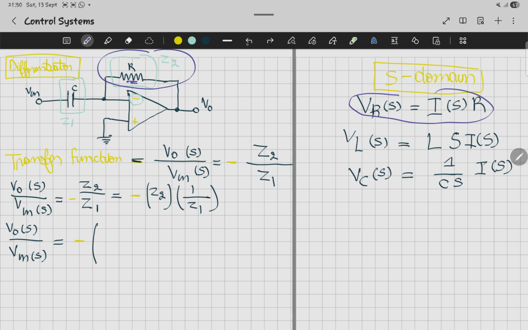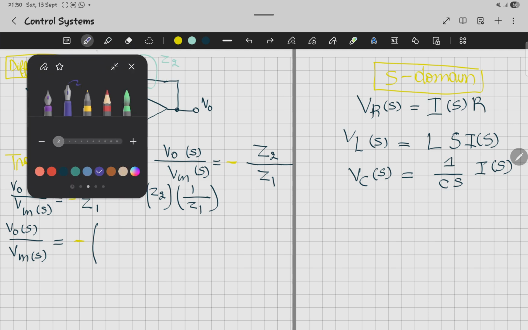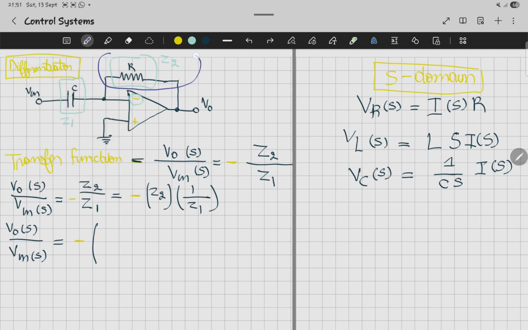So let's start with Z2. For Z2, I need to take what you see here, so it's going to be S times R. This is Z2. Now Z1, it's 1 over Z1.